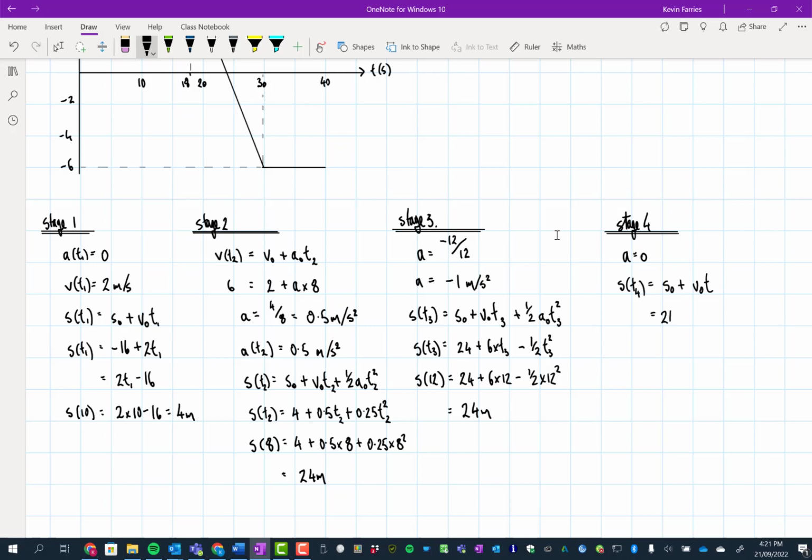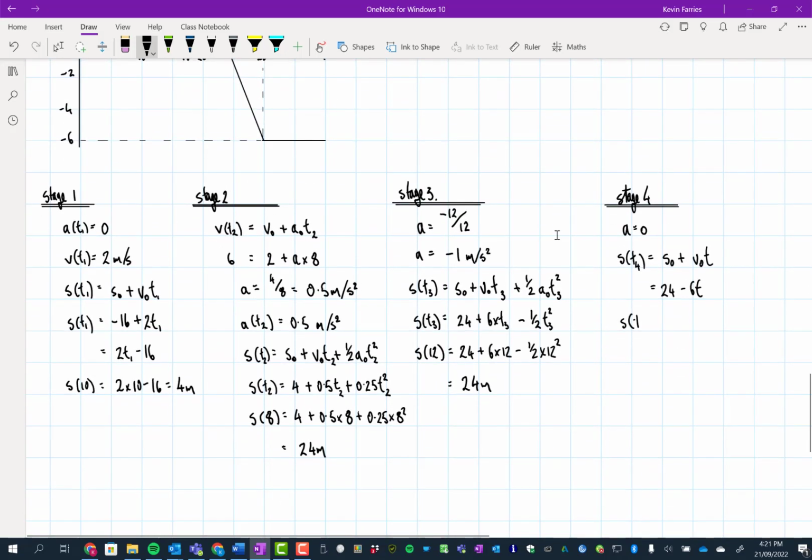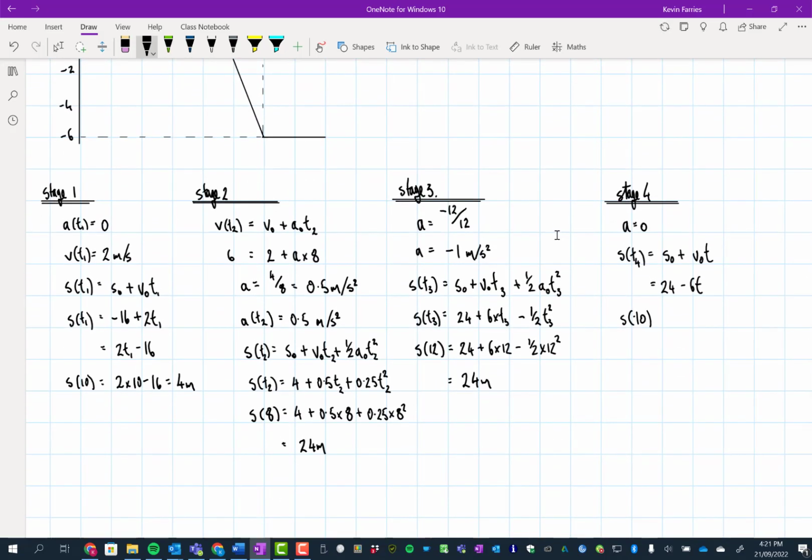So that's going to be 24, and then v is -6t. 24 minus 6t, and we could just figure out the displacement at the end. The end of stage 4 is after 10 seconds, so the displacement at 10 seconds is 24 minus 60, which would just be -44.